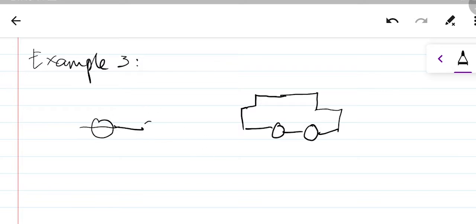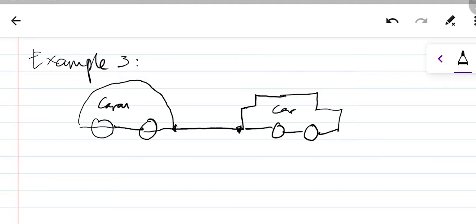Let's say we have that caravan, and then we have string attached to the car and the caravan.